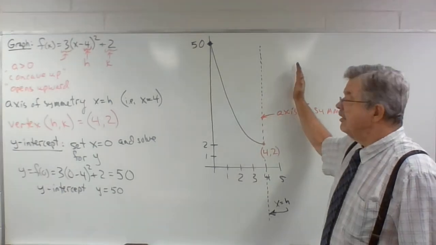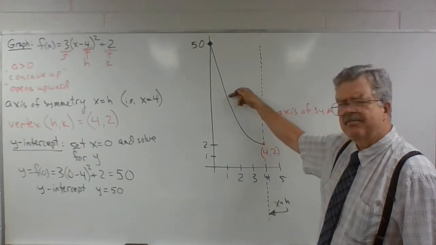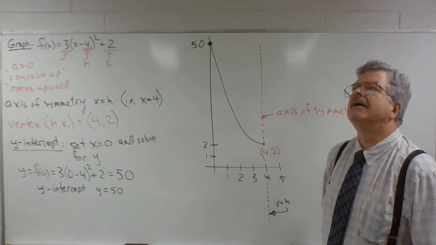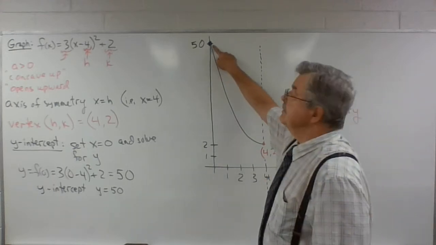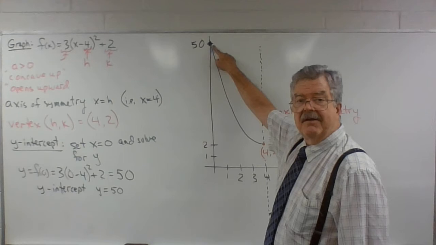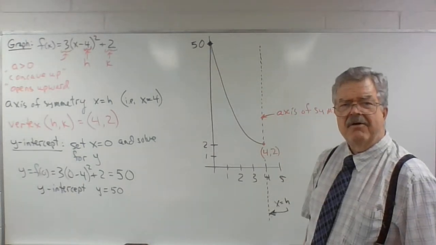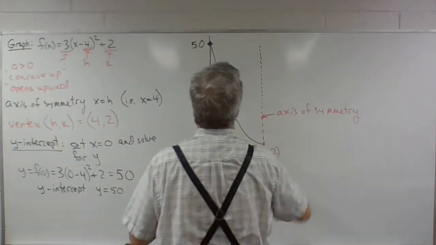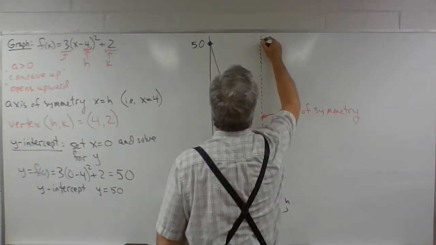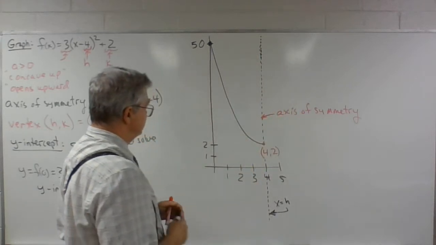So the right part of this graph should be the mirror image of the left part. And you know what? I know a point on the left part of this graph. Now, about how far would you say this point is from the axis of symmetry?